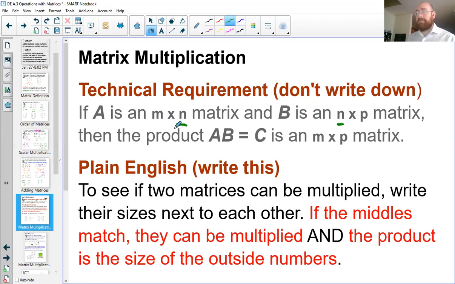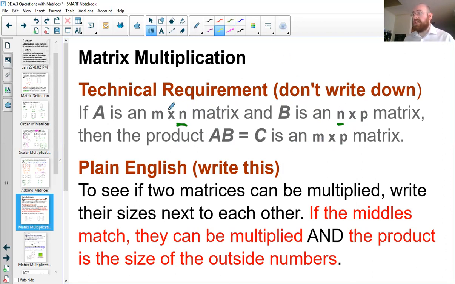It's possible that m equals n or m equals p or that n equals p. That part doesn't matter for the definition as long as the number of columns in the first matrix and the number of rows in the second matrix are the same.